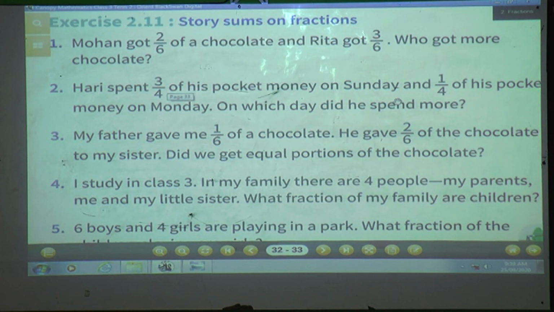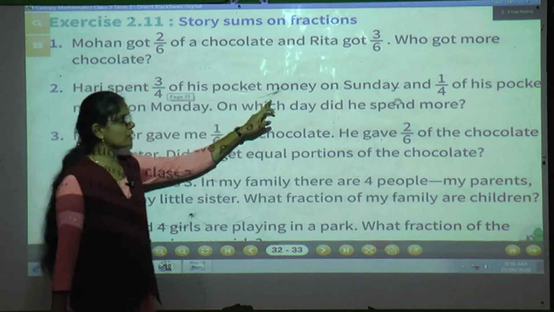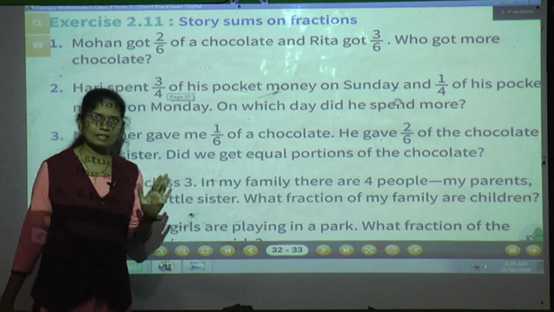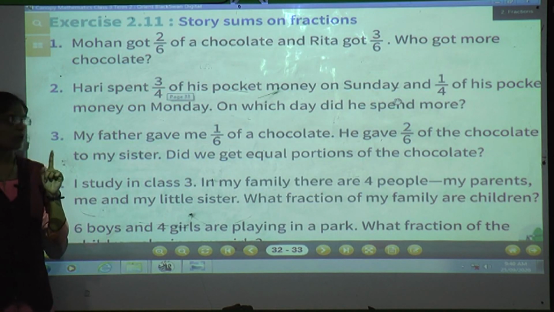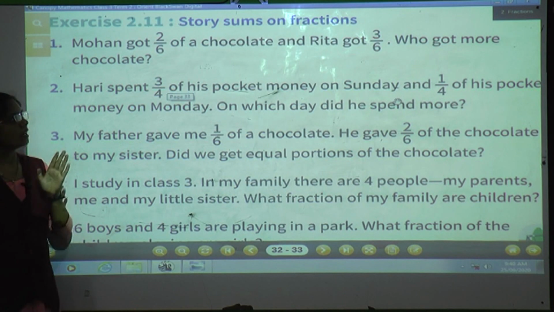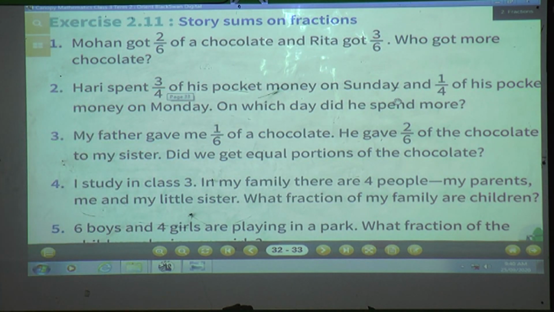On which day did he spend more? See the question. Read it once again. Hari spent 3 by 4 of his pocket money on Sunday, and 1 by 4 of his pocket money on Monday.